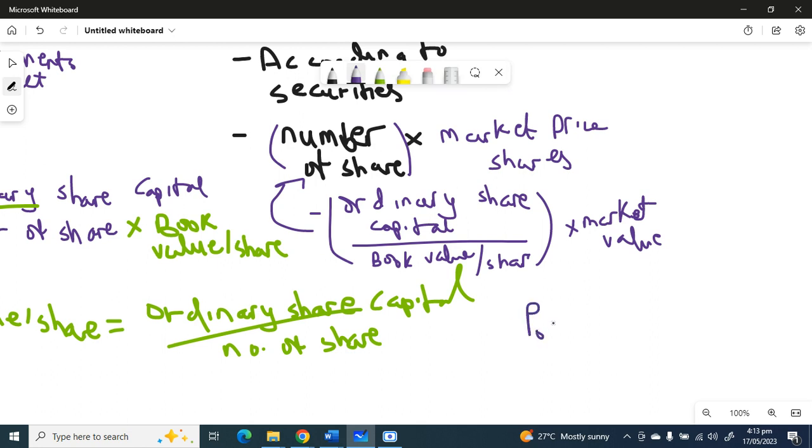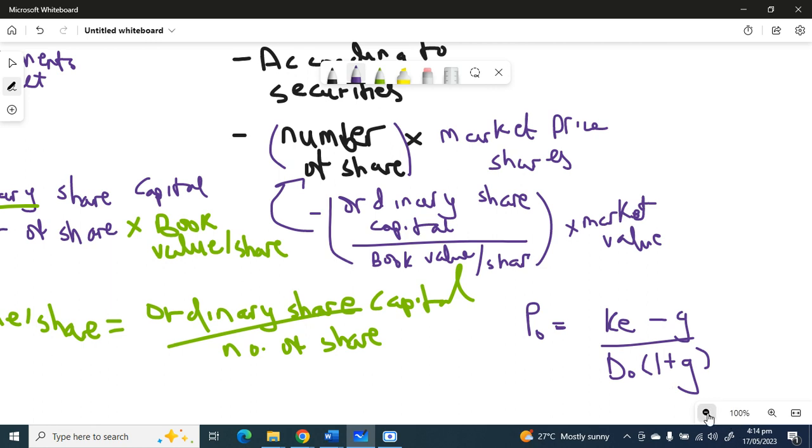P0, which represents the market price of the shares, equals the cost of equity minus the growth rate of the dividends divided by the dividends that have been paid, open brackets 1 plus g. All right. We'll deal with this in another topic, but this is how you get the market price per share.